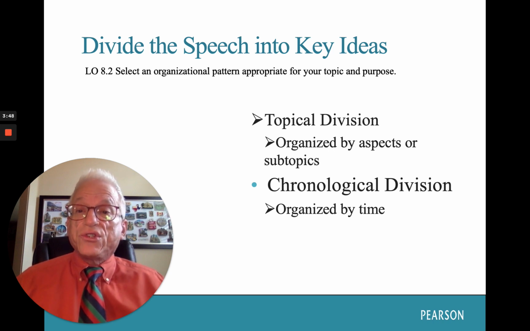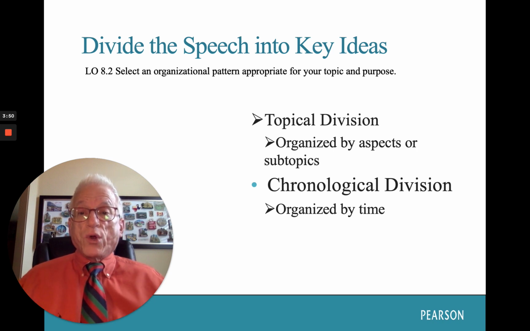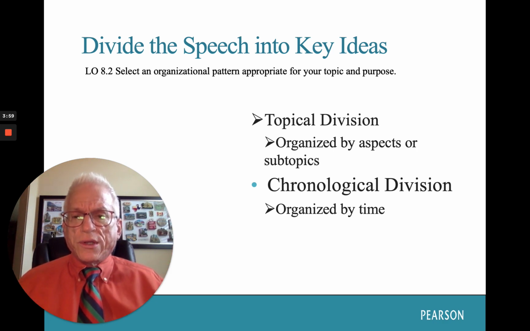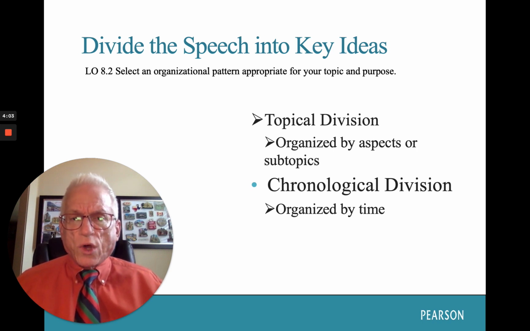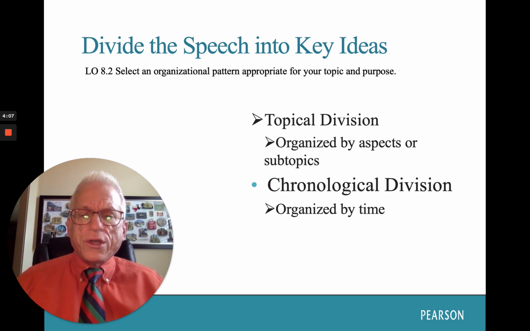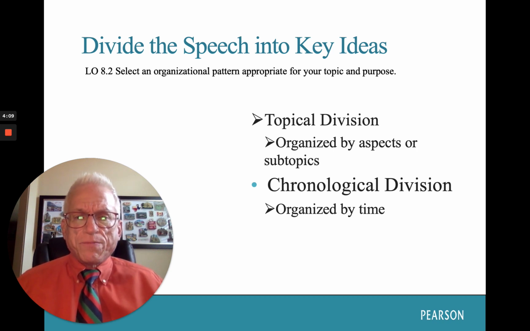So topical division allows you to take your topic and break it up into simply subtopics that are fairly equal and balanced with each other, because we always want to remember that coordinate and subordinate principle of outlining. So topical division is one option. And again, go back to your textbook because they have a really good discussion of what topical is.